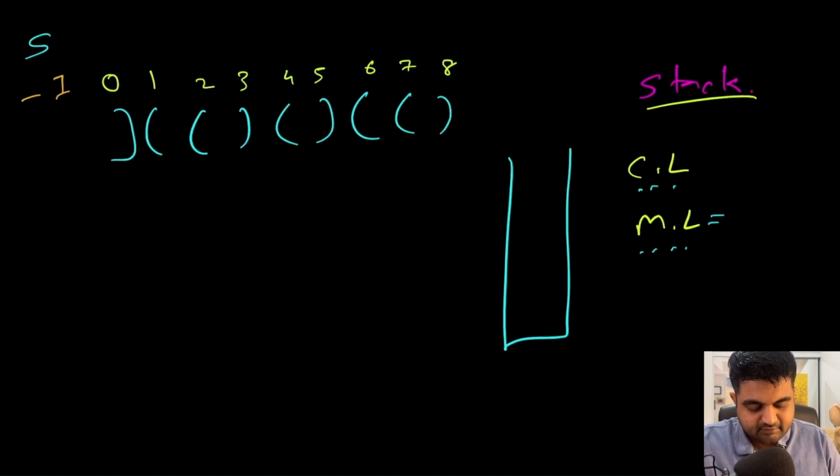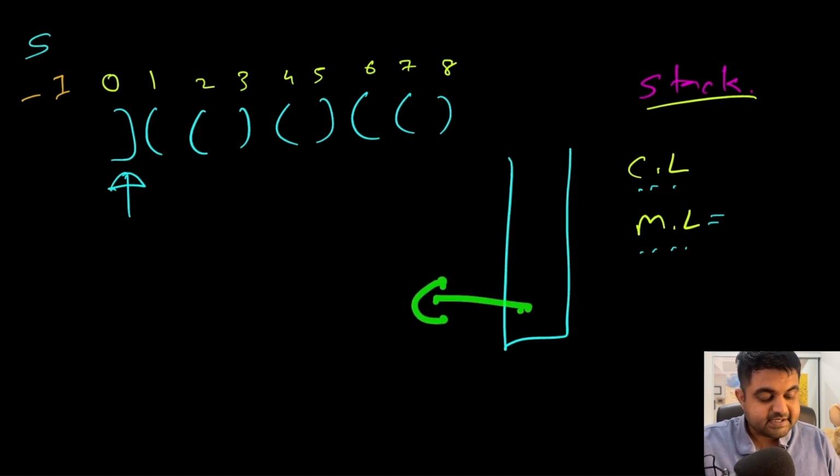So first here we identify that this is a closing bracket. For a closing bracket, we will have to pop one element out from the stack. But currently the stack is empty. Because the stack is empty, this has to be an invalid entry. So we can ignore this case and move on to the next element.